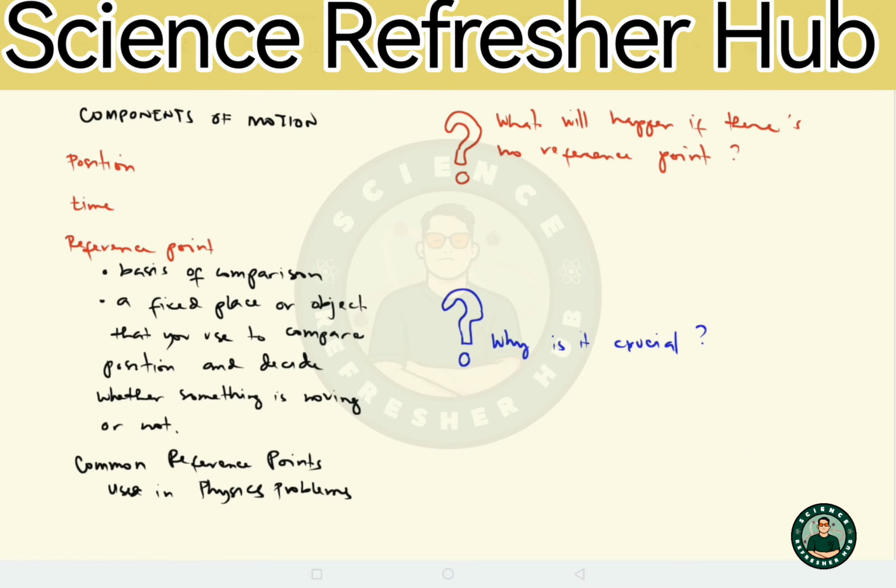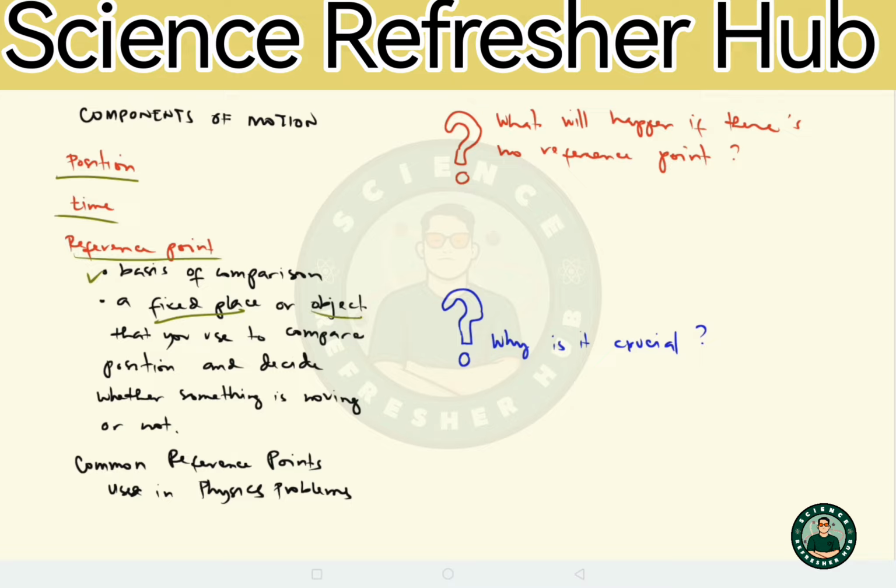Let's talk about components of motion. Of course, change in position, the time, and this reference point that I discussed a while ago. Reference point, it's the basis of comparison. Again, you have to select the reference point and then you can describe the motion of a certain object or mechanical object. Okay, basis of comparison, it's a fixed place or object.